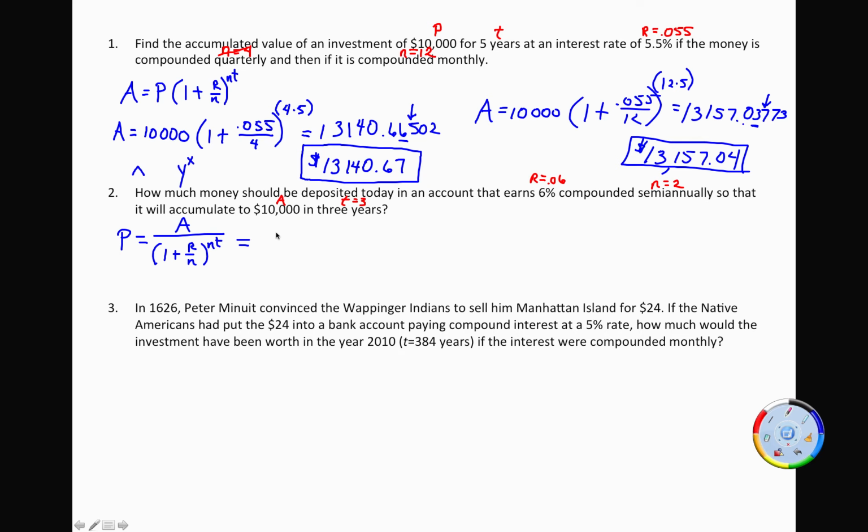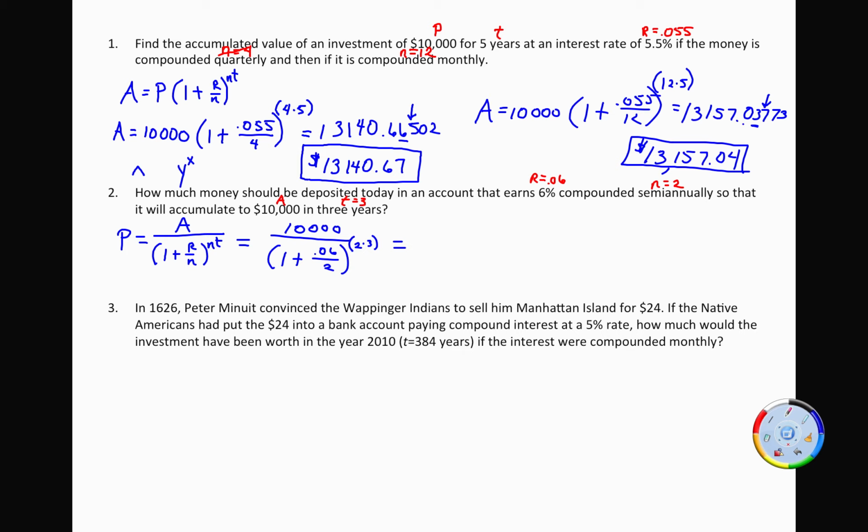So now I'm going to put 10,000 over 1 plus R, which is 0.06, N is 2, to the N times T, so 2 times 3. Again, if you don't just put 6 up there, you got to have parentheses around that.